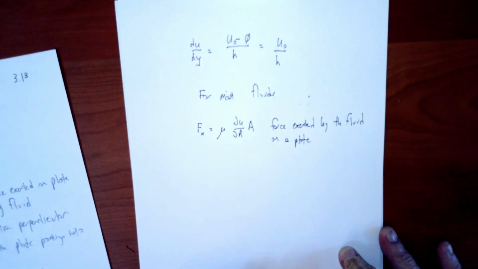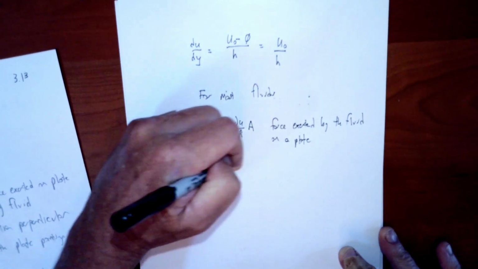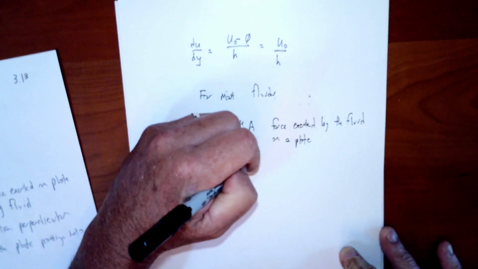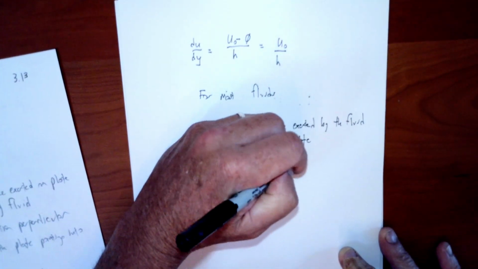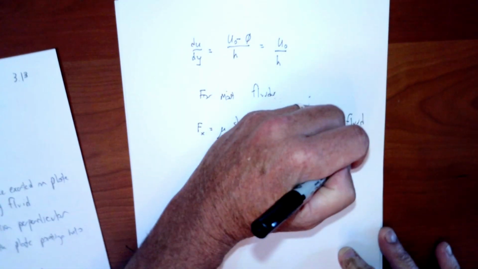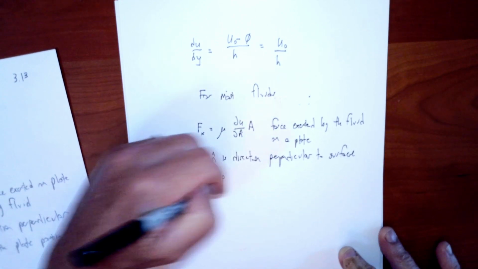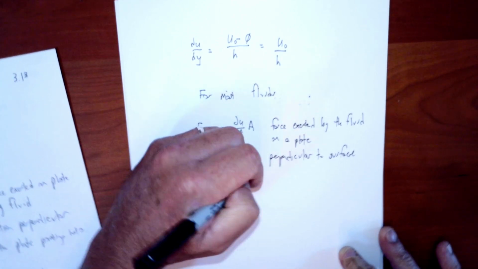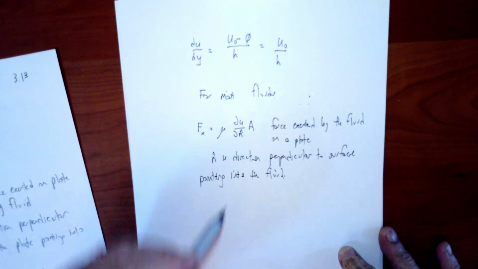Where n is the direction perpendicular to the surface of the plate pointing into the fluid. All right, so we're going to have this derivative.